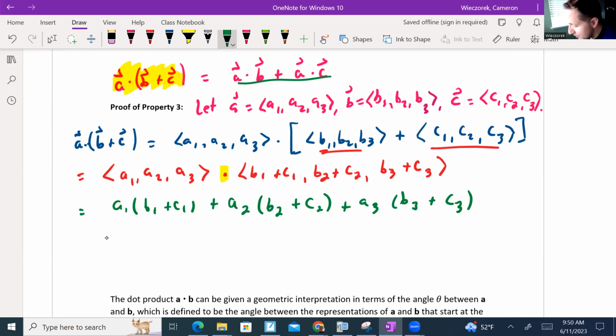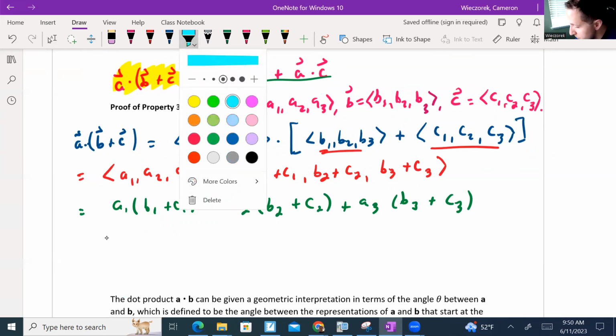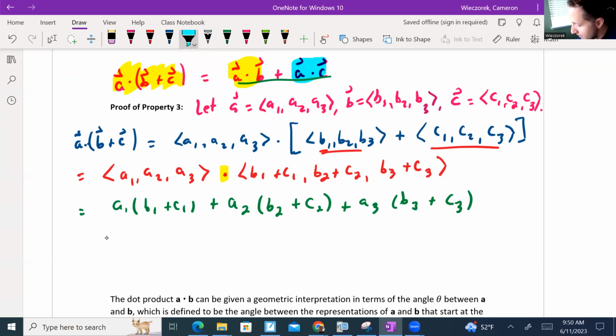And maybe you're wondering, well, where am I going with this? My goal is I want to create kind of two separate sets of terms, one that only uses A and B and another that only uses A and C. And right now my A's and B's and C's are all lumped together. So my next natural step would be to distribute so that I can start getting separate terms that have A's and B's and other separate terms that have A's and C's.